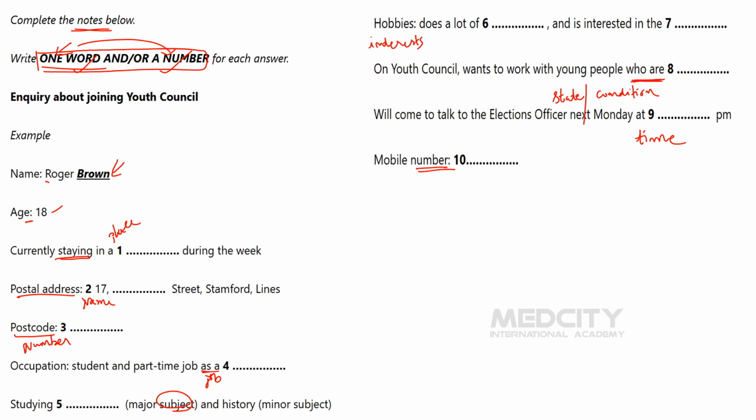Thank you. The young man's name is Roger Brown, so Brown has been written in the space. Now we shall begin. You should answer the questions as you listen, because you will not hear the recording a second time. Listen carefully and answer questions 1 to 5.